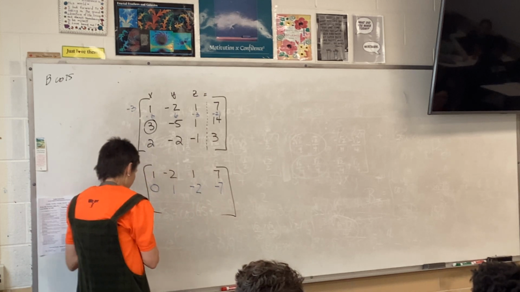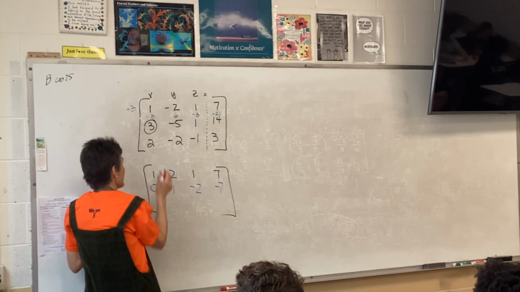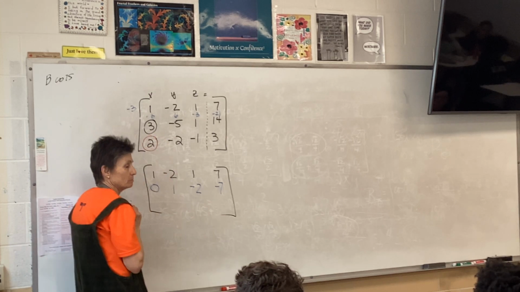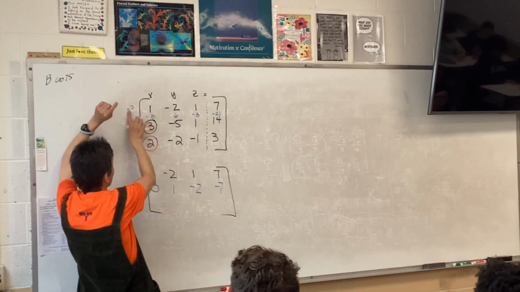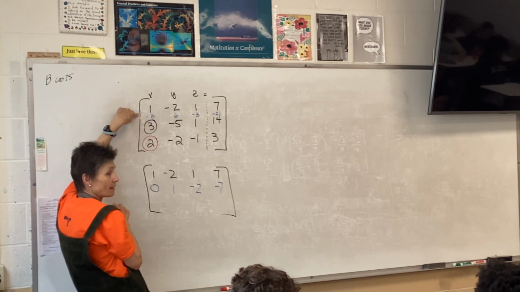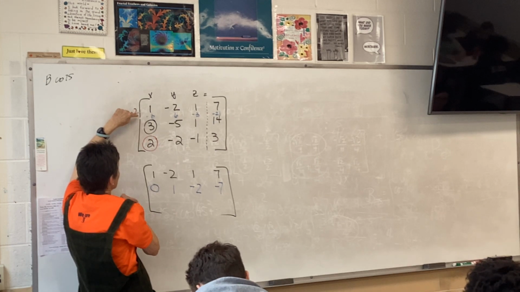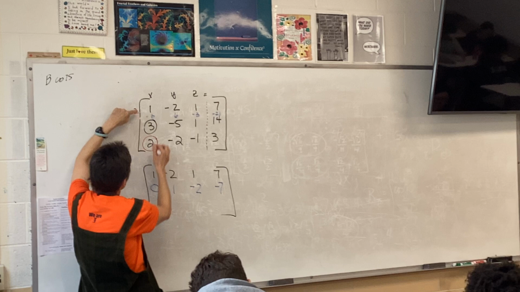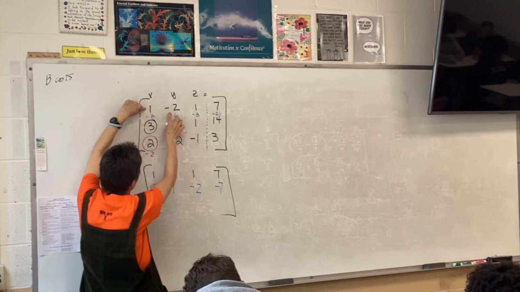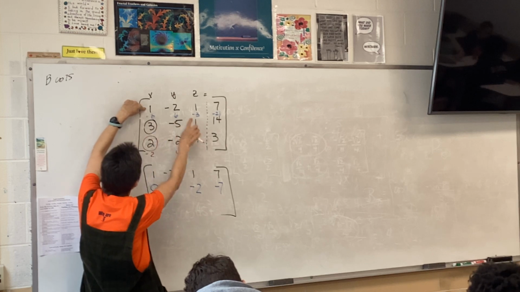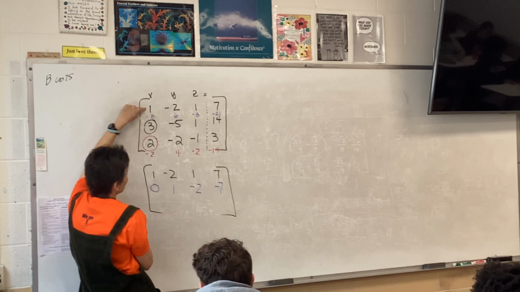Okay. Now, I'm going to do the same exact thing. I'm going to make this 0. So now I won't be multiplying by -3. Now I will have to multiply by -2. And that'll give me, I'm going to write them down here, -2, +4, -2, and -14.